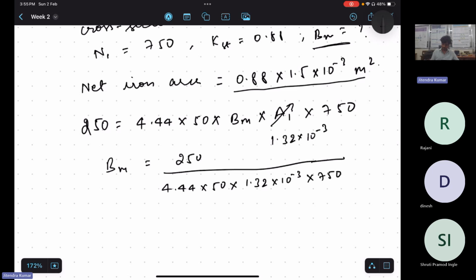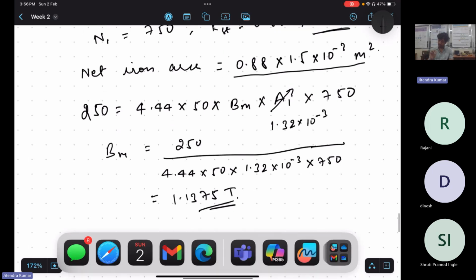That is nothing but 1.1375 Tesla. So this is the maximum value of flux density in the core. I hope you are also getting the same. Any doubt in this part? If not, then we can move ahead with the next problem.